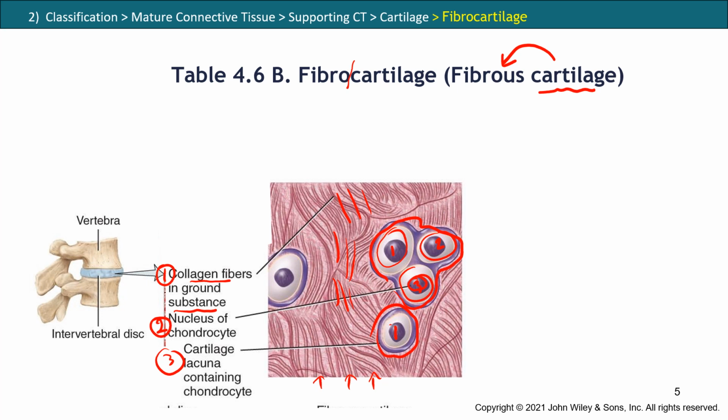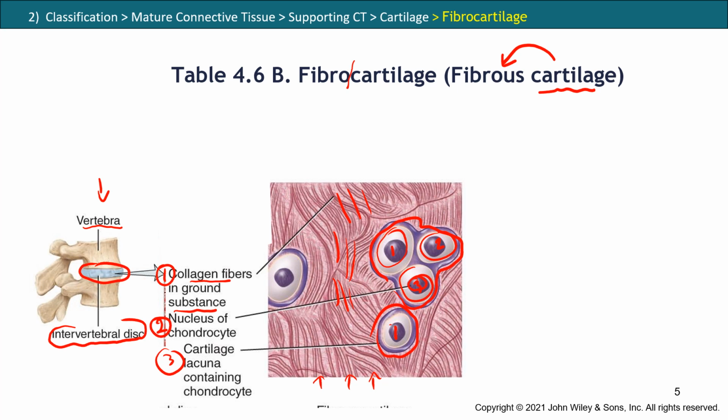And here they offer you a wonderful example, that between vertebrae you have the intervertebral disc. You need some more flexibility than the bones, but it needs to be stronger, giving more support than the hyaline for shock absorption.